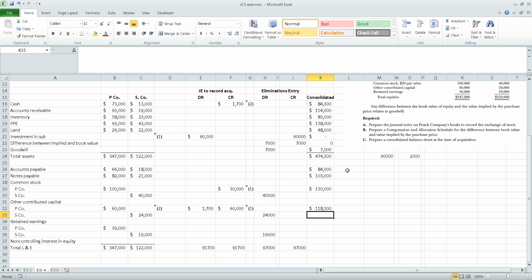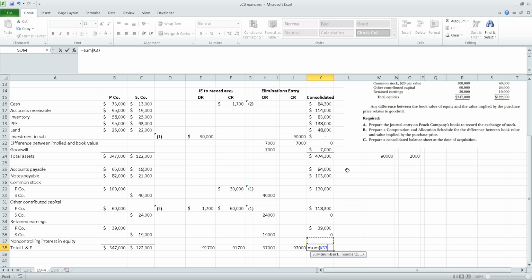S Company's other contributed capital was $24,000 in their accounting records, but through this elimination entry we eliminated it, so we've got none. P Company retained earnings of $39,000. S Company's retained earnings had $19,000 in their accounting records, but through the elimination entry we got rid of that, so no balance to report on the consolidated balance sheet.